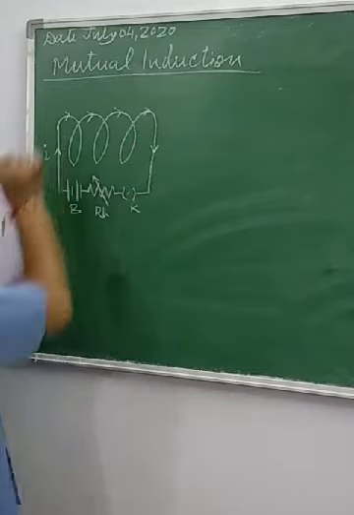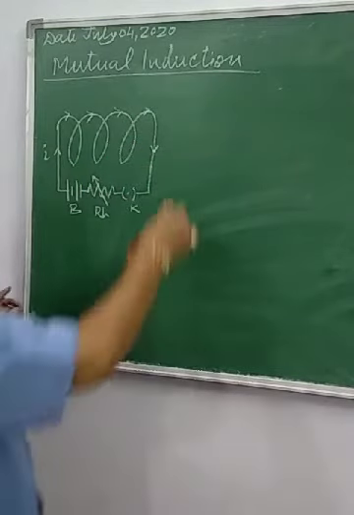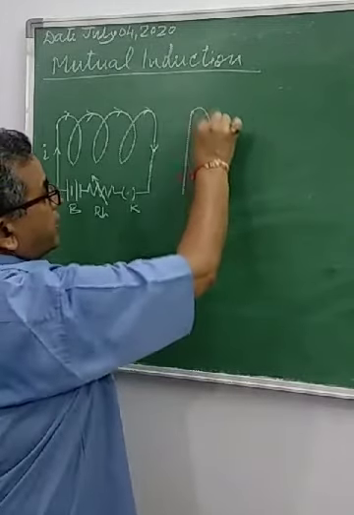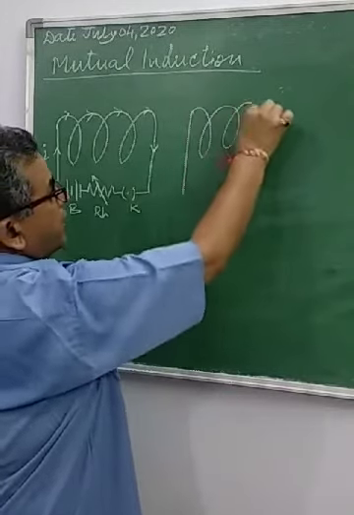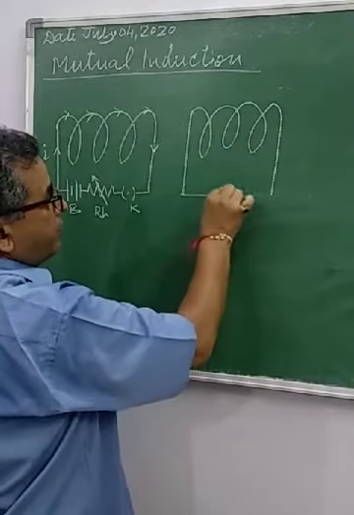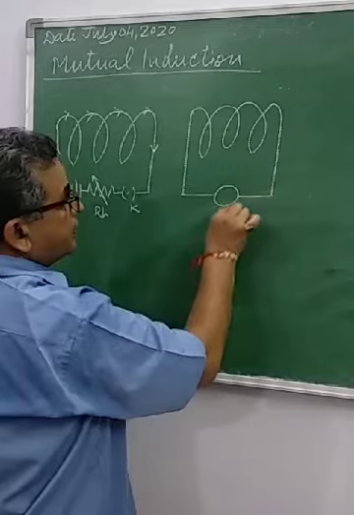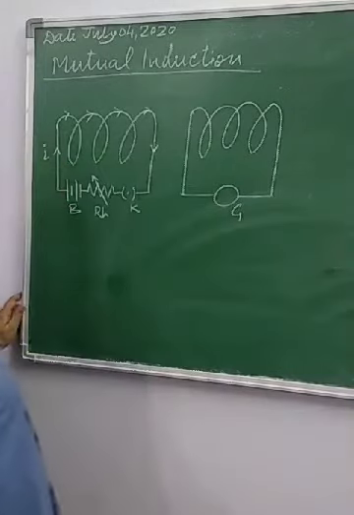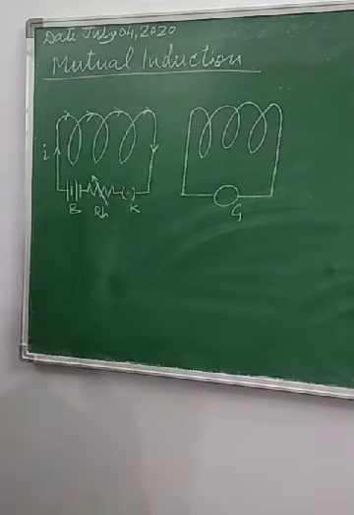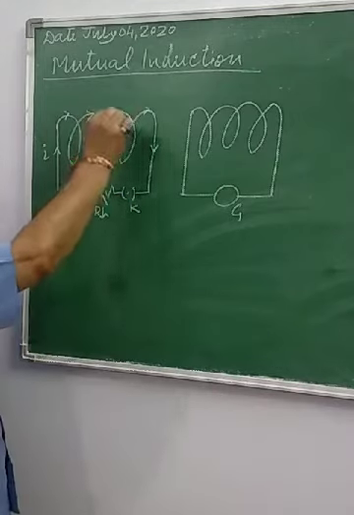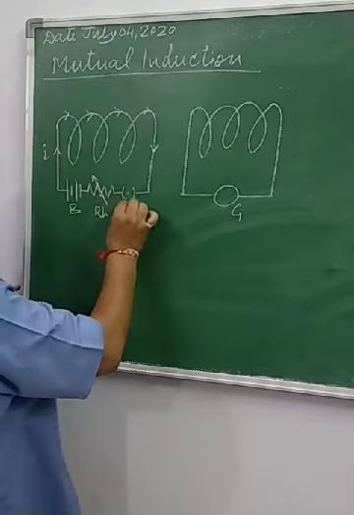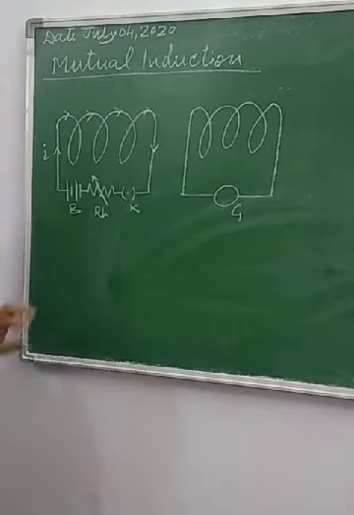This is current I. Now another circuit or coil is placed close to the first one, which has only a galvanometer. So what happens when the key is inserted and current begins to flow? The current increases from 0 to maximum.